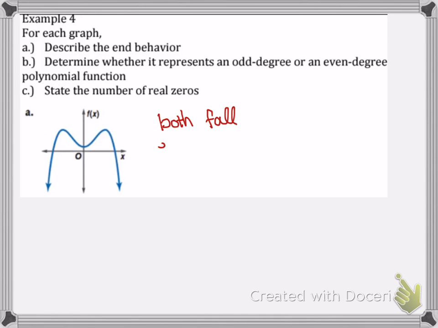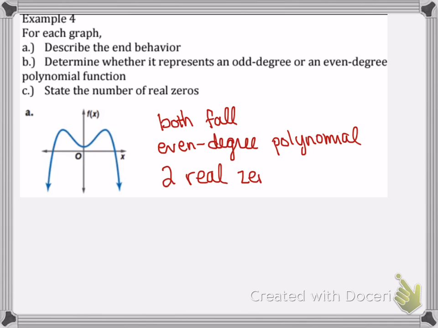This represents an even degree polynomial. State the number of real zeros. That would be 2 real zeros because it goes through my x-axis in 2 places.